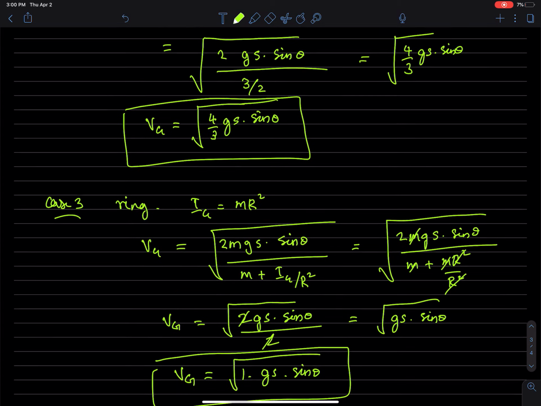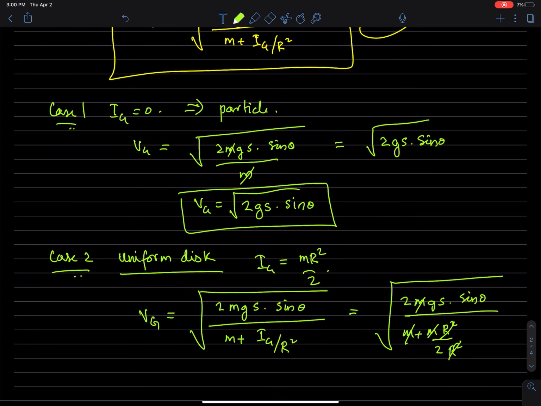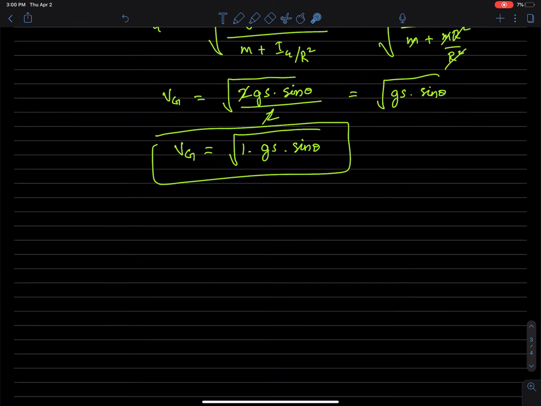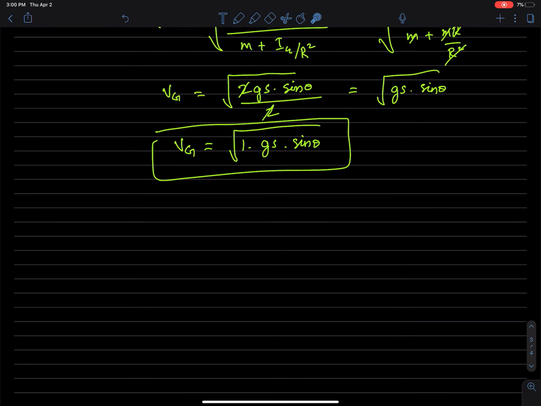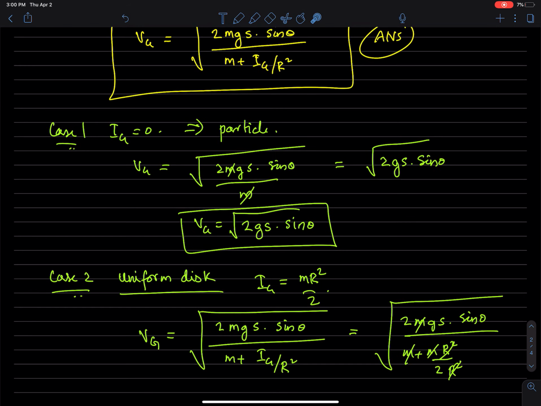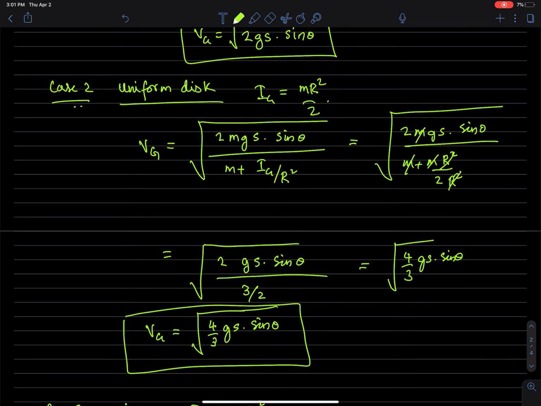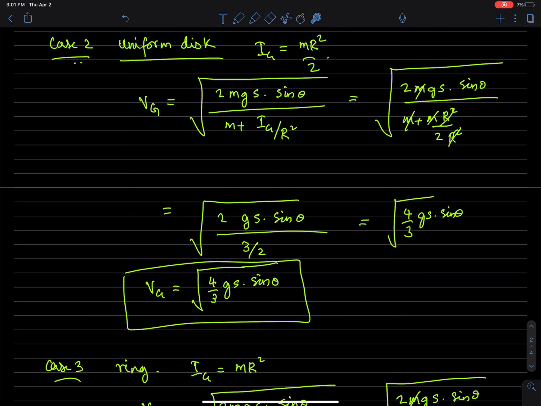That's for a ring. Okay, so you can compare a particle to a uniform disk to a ring, and it turns out a particle with no friction is the fastest because all the potential energy gets converted into kinetic energy. A uniform disk is next fastest, at least with these 3 cases.